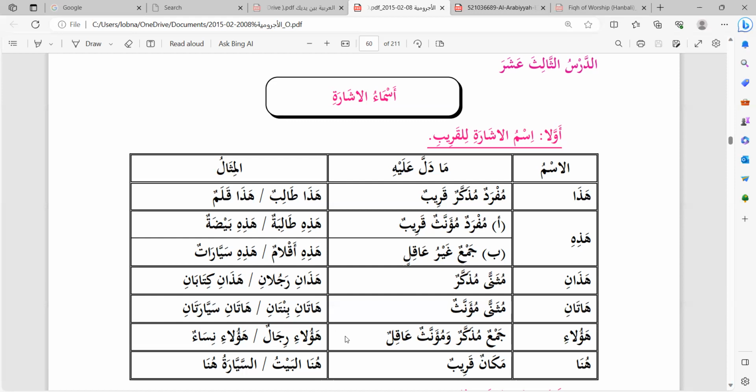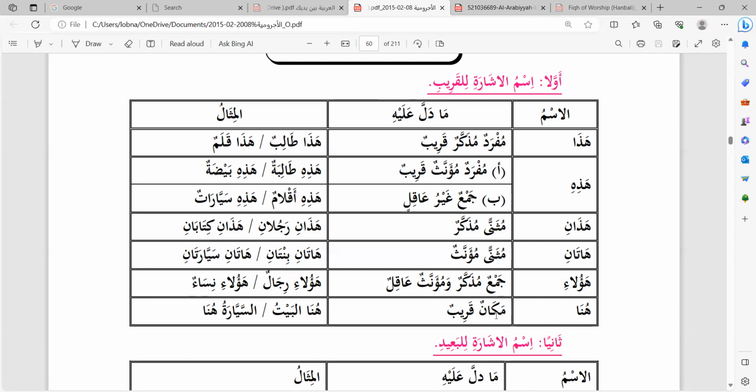And for something that is قريب. So أولئك is for something that's far, a word that's used in the Quran a lot. أولئك هم المفلحون. Those are the ones who are successful. هؤلاء is something that is close, you'll say these men or these women. هنا is here, for something that is close by. مكان قريب, it's a place that is close. هنا البيت, here is the house.